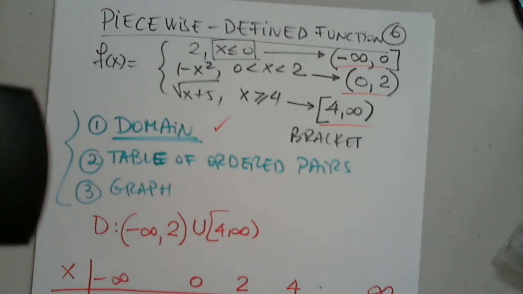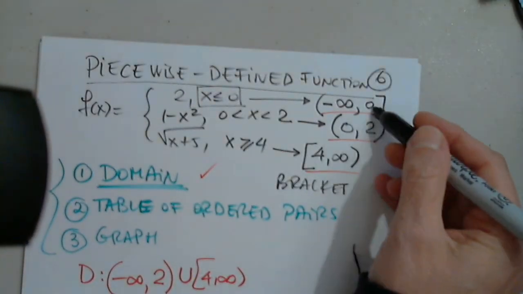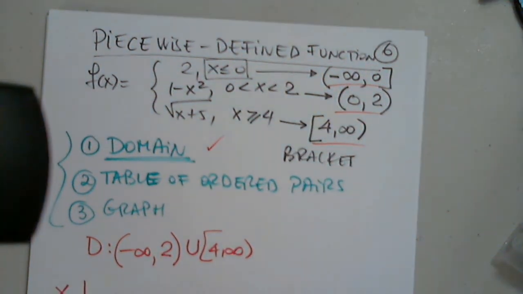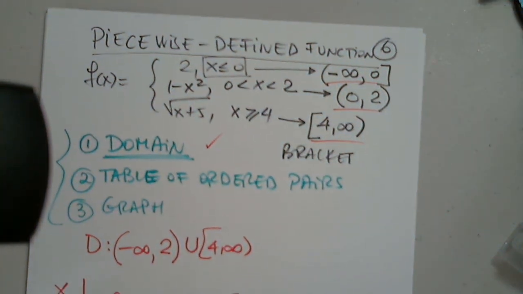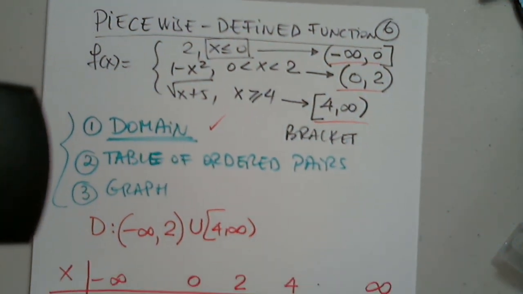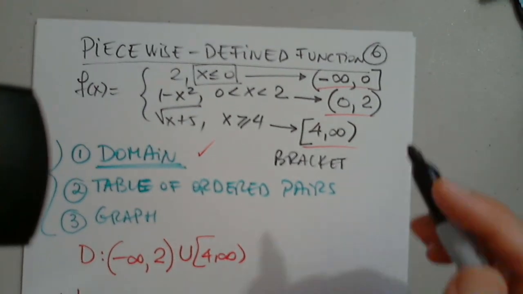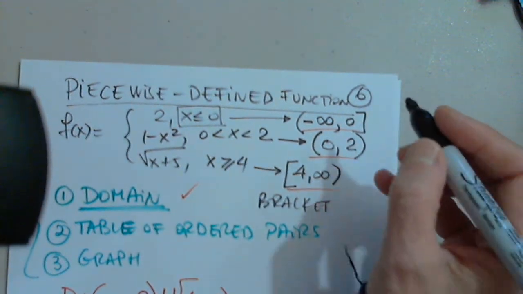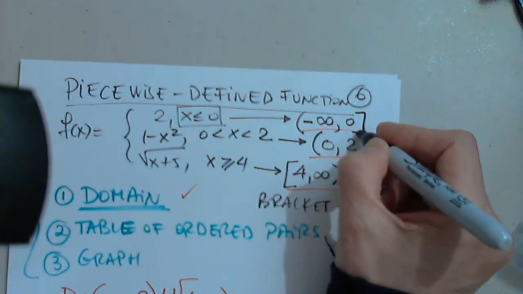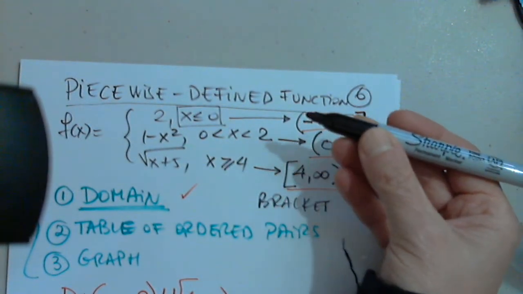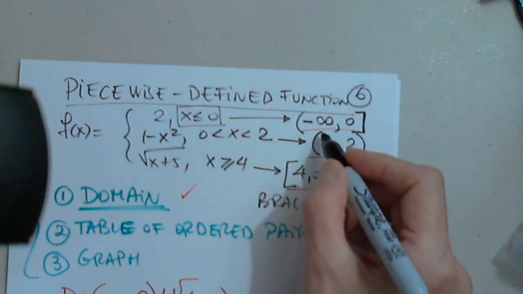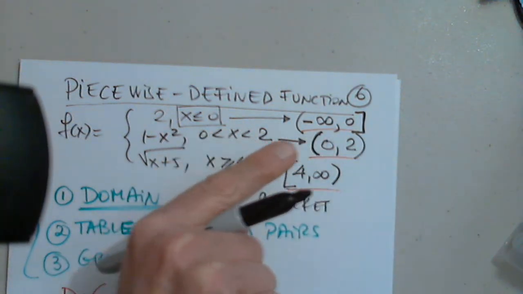At 0, it happens to be an important value, but 0 will be always in every table, even if the function is not defined at 0. Okay. So negative infinity to 0, see at 0, there is a bracket facing left and a parenthesis facing right.